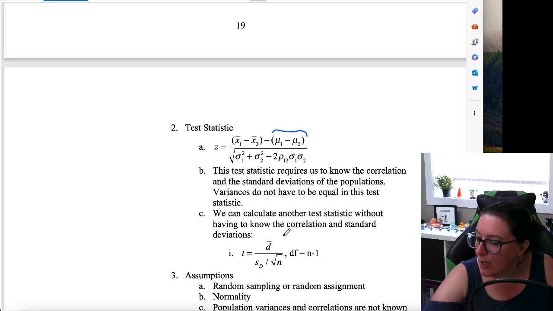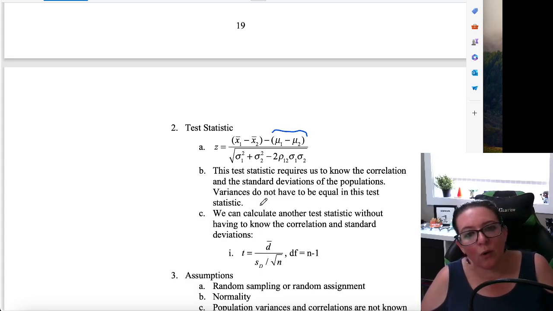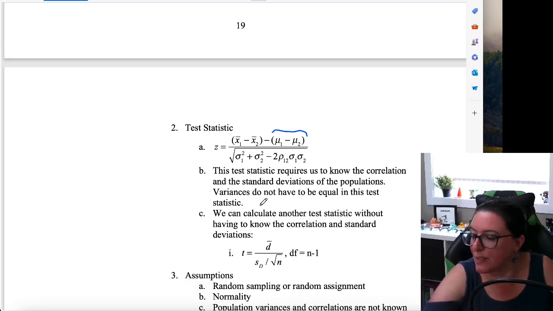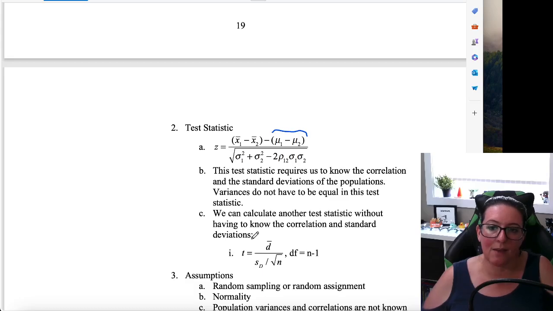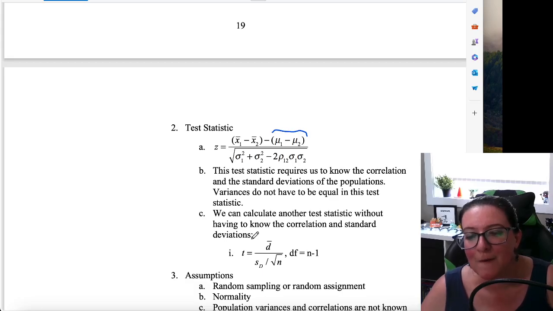We can calculate another test statistic if we don't know the correlation and standard deviation. So we are going to do an adjustment and not do the Z-score test and instead do a T, because again, if we knew that information about the population, we would probably know the population parameters, the means, as well.